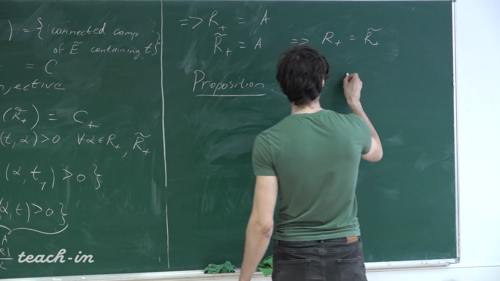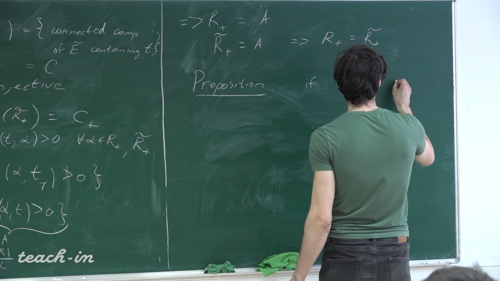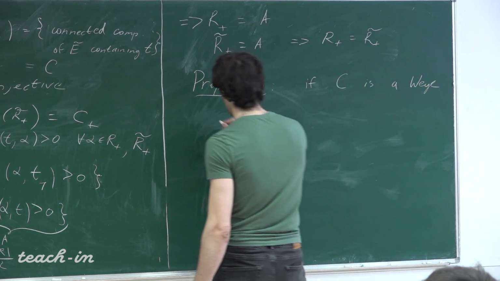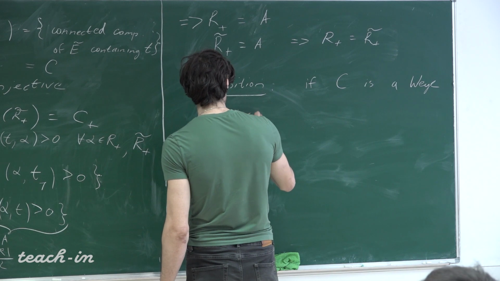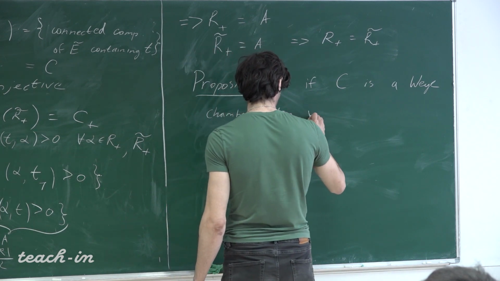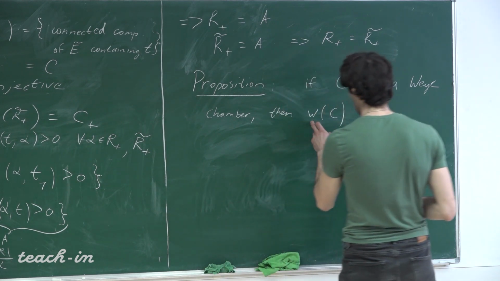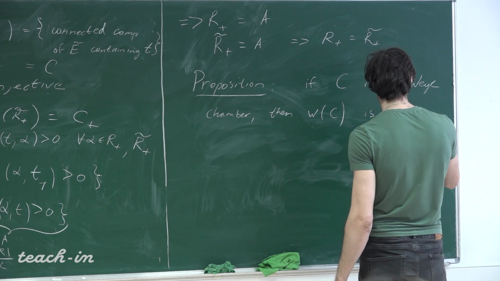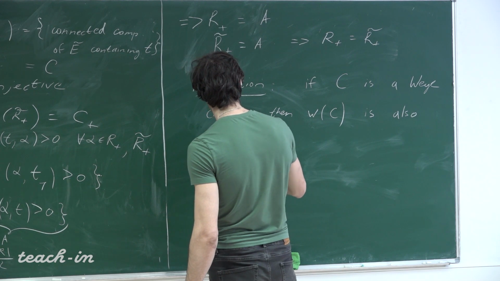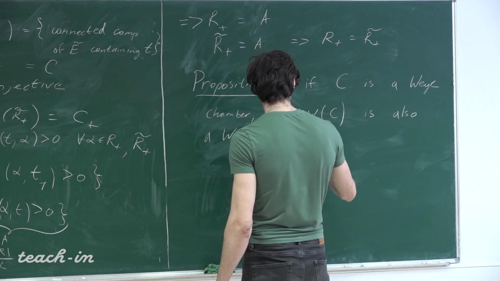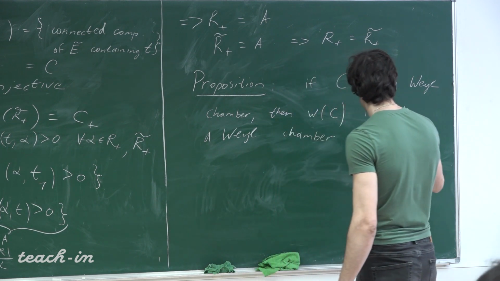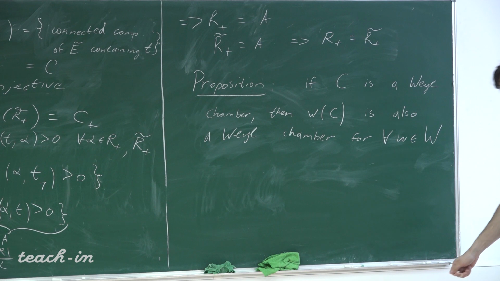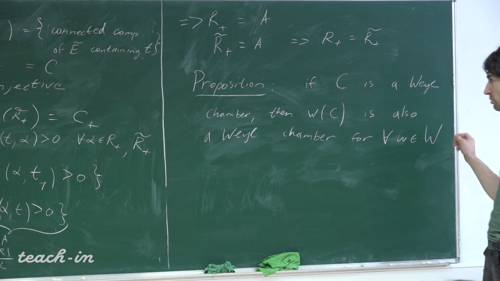If C is a Weyl chamber, then WC, so if I act by some element of the Weyl group on C, is also a Weyl chamber for all W in the Weyl group W. So the Weyl group acts on the set of Weyl chambers. That's what this proposition is saying.